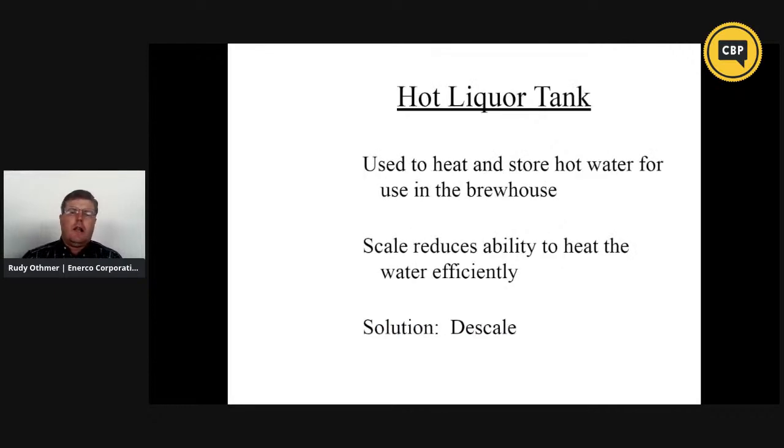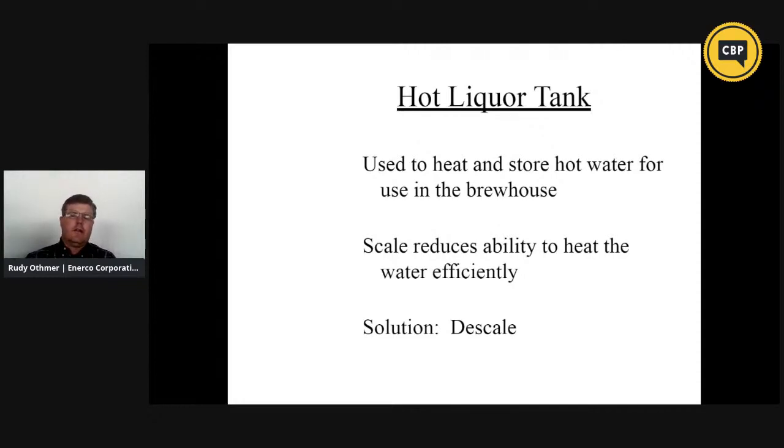So our hot liquor tank, again, we're creating and storing hot water in there. That water probably has a level of hardness in it. As we heat the water, we're going to create scale with that hardness. Basically in the hot liquor tank, because we're not doing anything else, all we need to do is periodically descale, as well as make sure we're maintaining our passive layer.